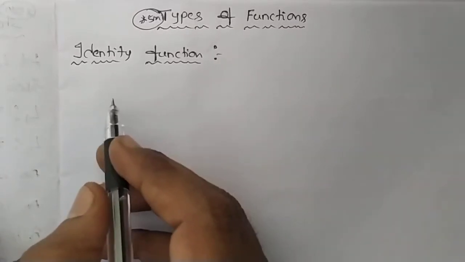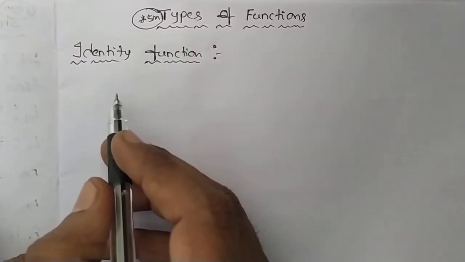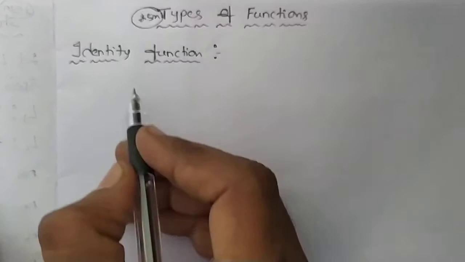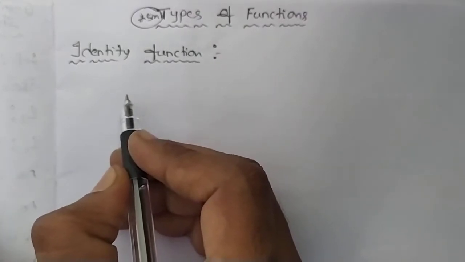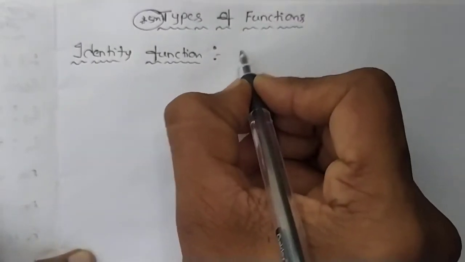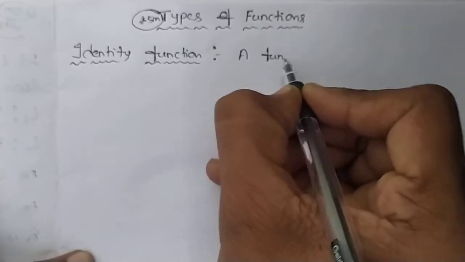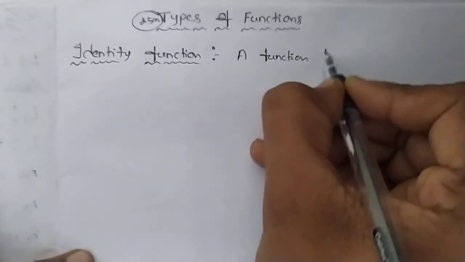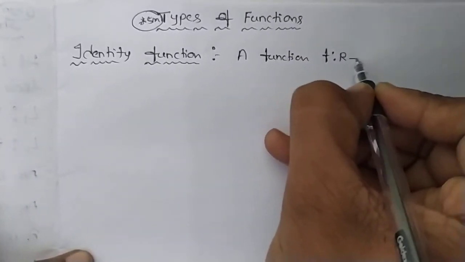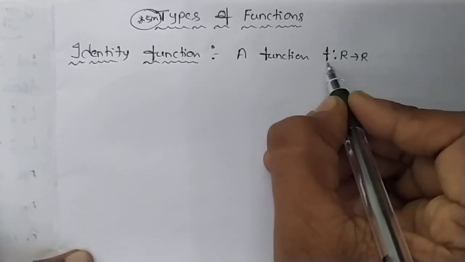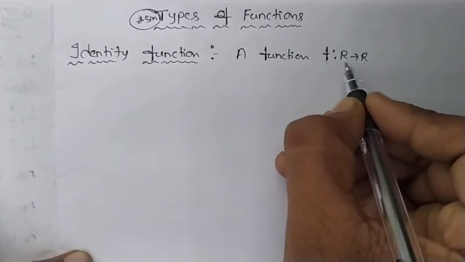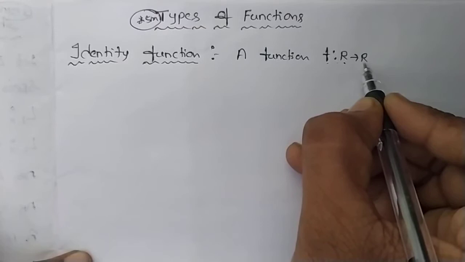The very first one is an identity function. What is meant by an identity function? A function f from R to R. R is nothing but the real numbers. It is also the real numbers.